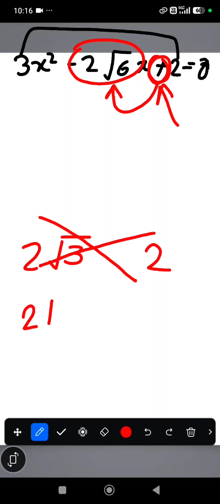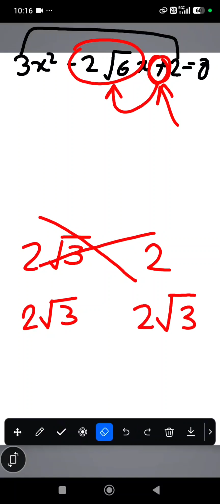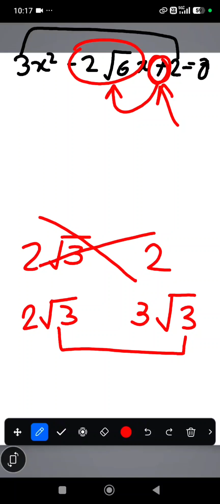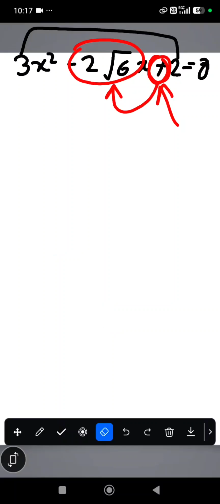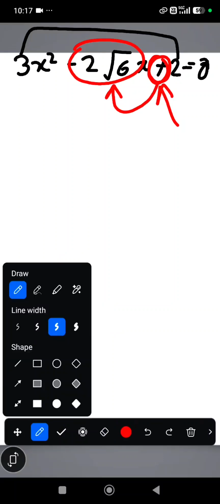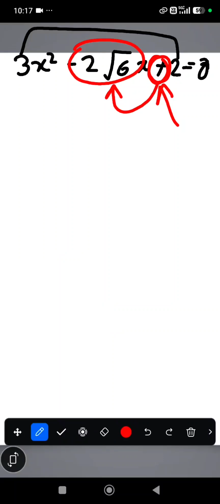If it is 2 root 3 and 2 root 3, or 3 root 3, where both terms have the same root number, then we will add or subtract, like like terms. Same thing in this question: think of two numbers whose addition is 2 root 6 and multiplication is 6.